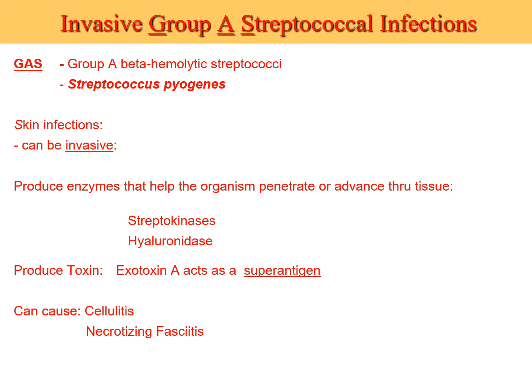The variants of Streptococcus pyogenes that can cause this are typically able to produce enzymes that help the organism penetrate and advance through the tissue, and that includes streptokinases or hyaluronidase.